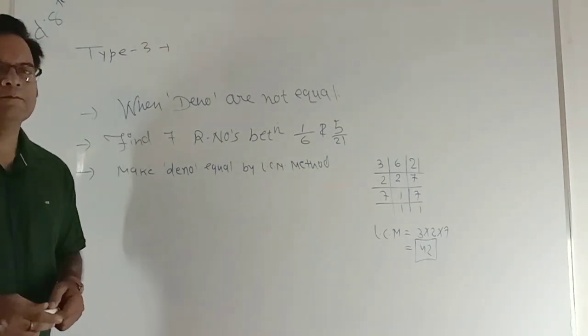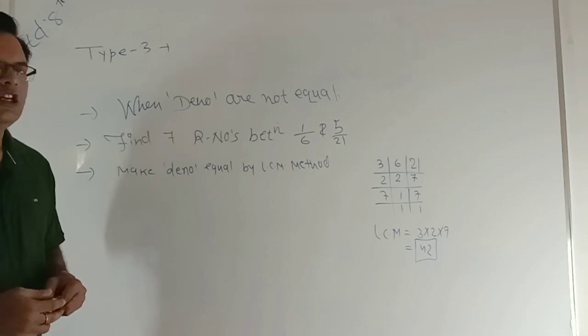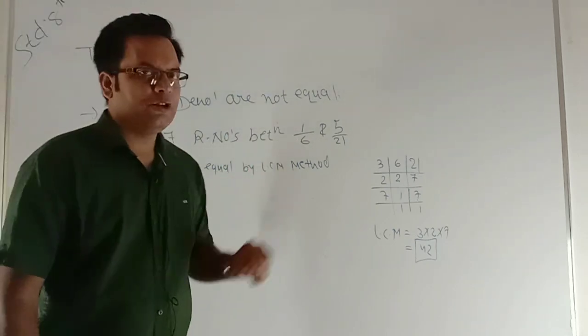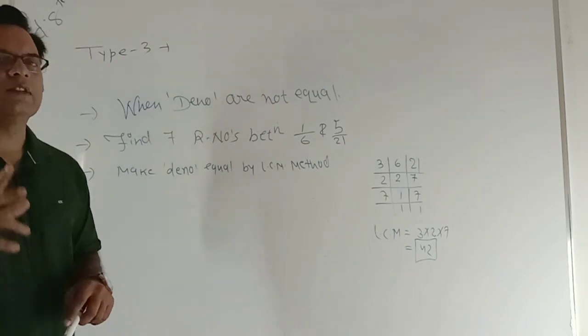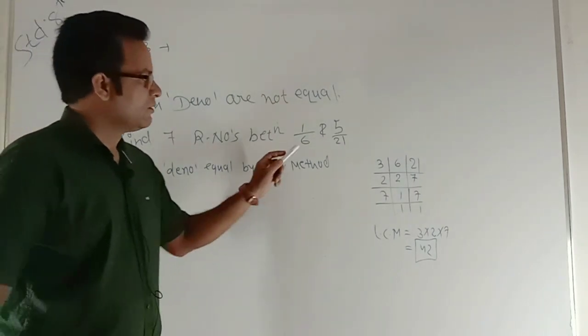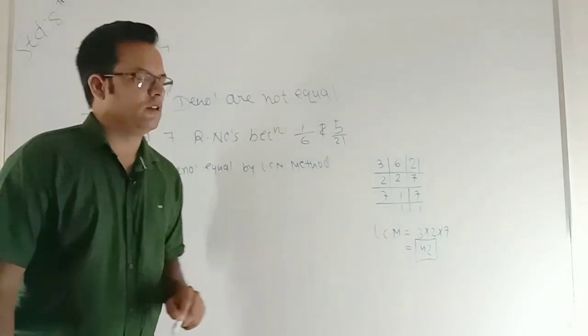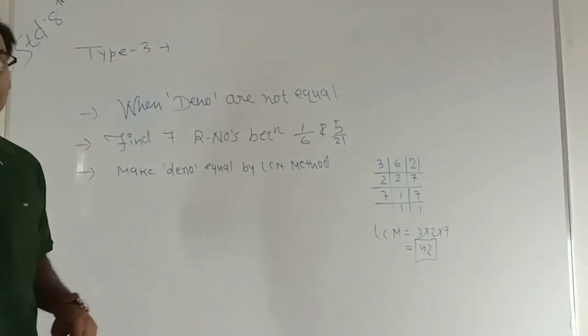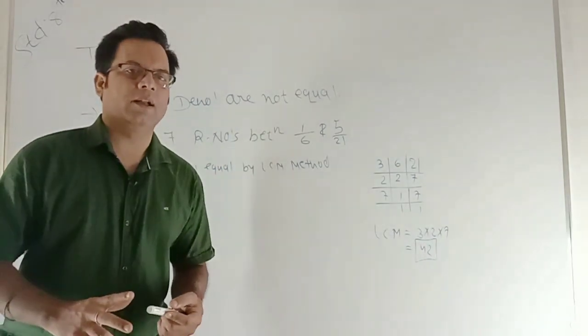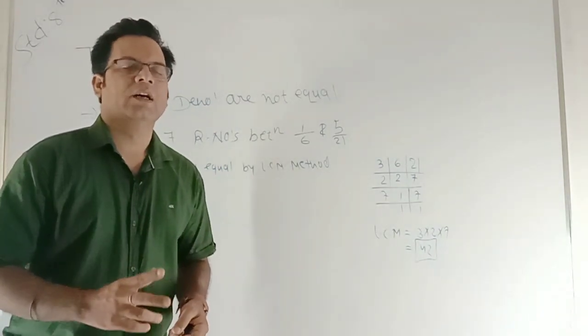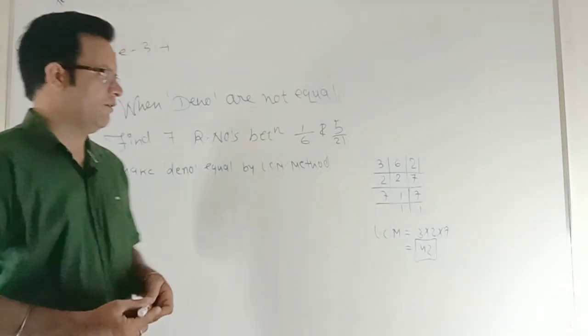You have to find 7 rational numbers. So first of all, you will be able to find the numbers when you have denominators equal. So what we have done, 6 and 21, we went for the LCM, and LCM is 42. Now we have to apply this LCM to this fraction one by one.